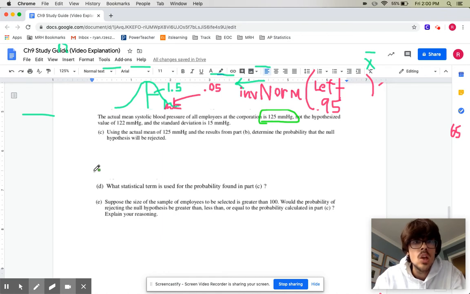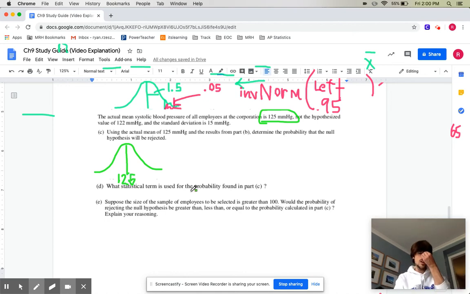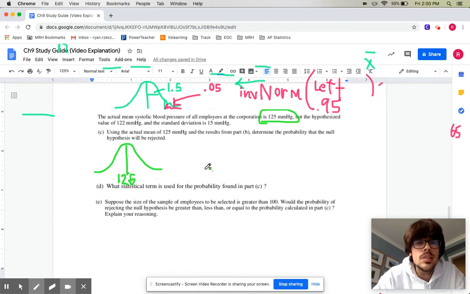Okay? So at this company, the average blood pressure is actually 125. So in reality, the company has an unhealthy blood pressure on average. And they want to know, looking at this problem right here, what's the probability that we reject H0?